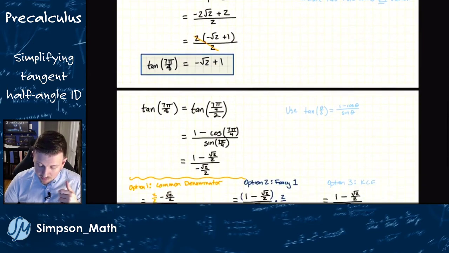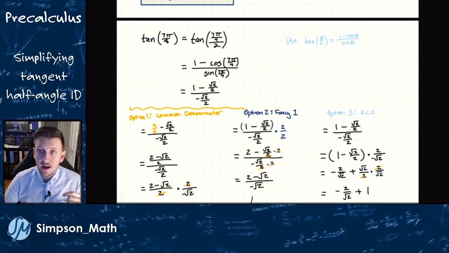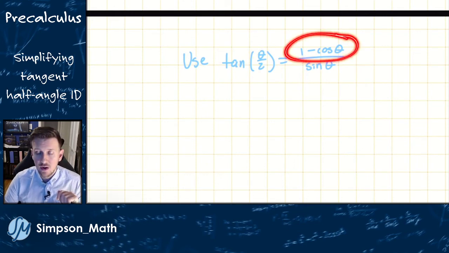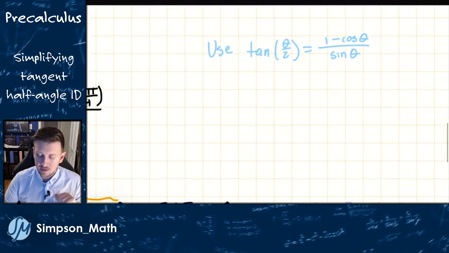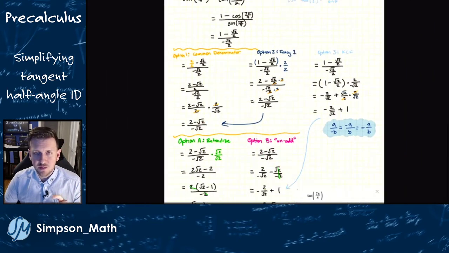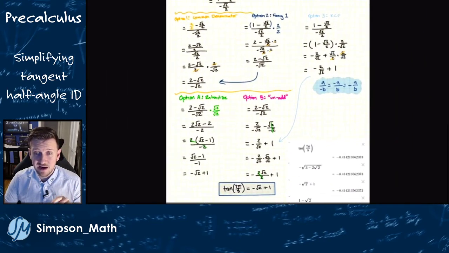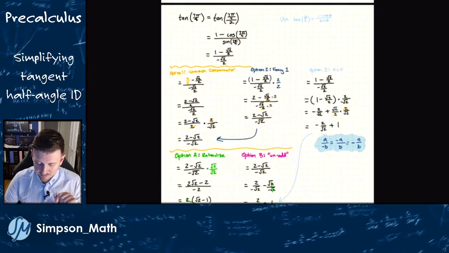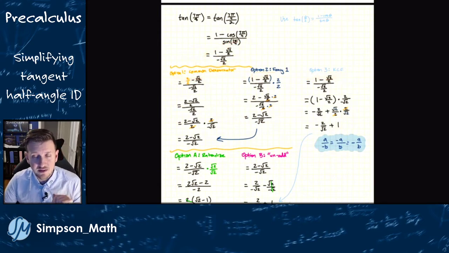All right, so there's one last identity, and it's going to be the 1 minus cosine theta over the sine theta. And I'll show you that you get the same thing. Now, before I get going on this one, the nature of this one allows me to have a little bit more flexibility and options. And you'll see that once I do my first bit of evaluation, I actually have 3 different options of how to work that.